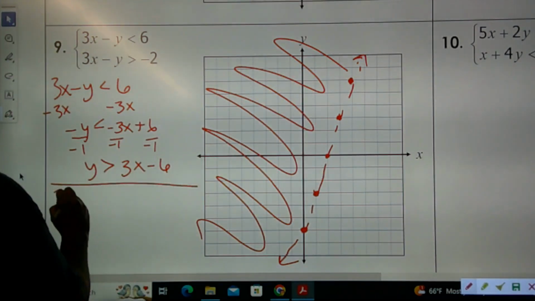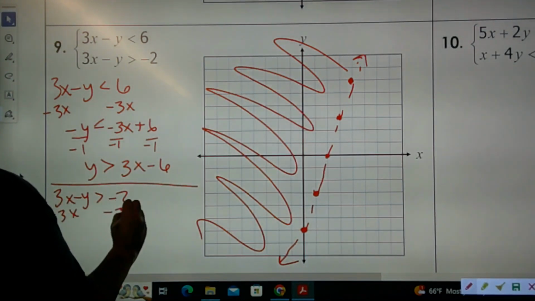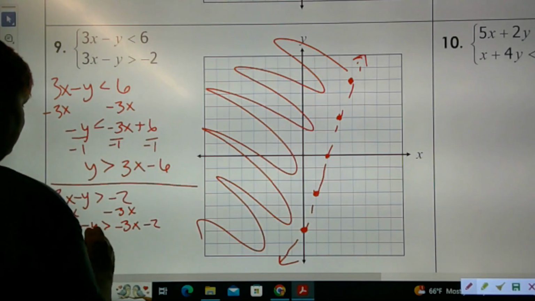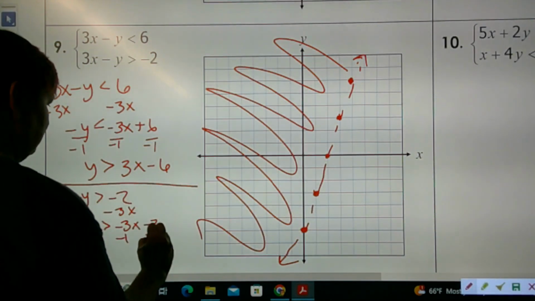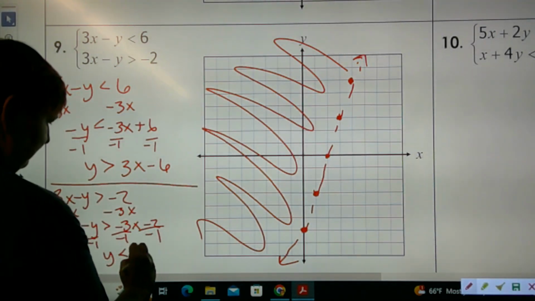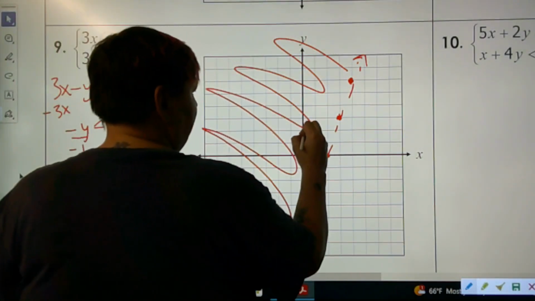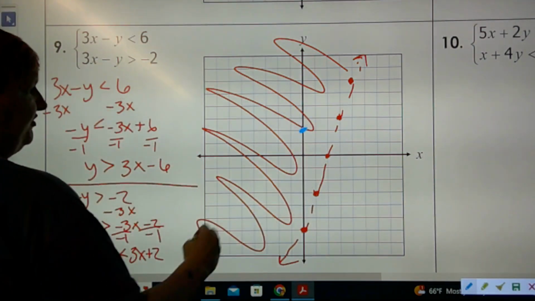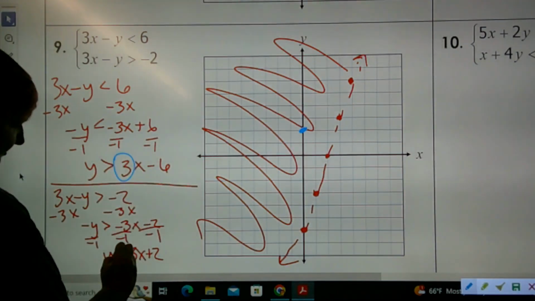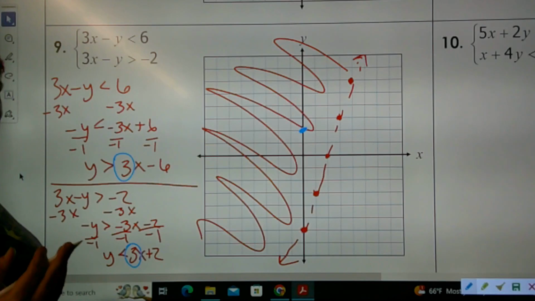And then we have 3x minus y greater than negative 2. Negative 3x: negative y greater than negative 3x minus 2. Y is less than, I had to flip the symbol, 3x plus 2. So, plus 2, 3 and 1. Oh, interesting. The slope of this is 3. The slope of this is 3. What do we know about an equation that has the same slope?